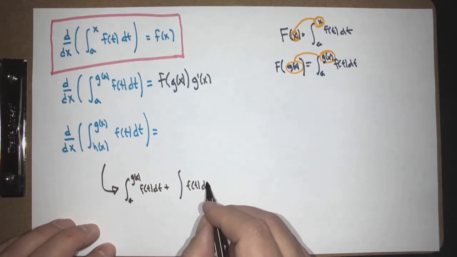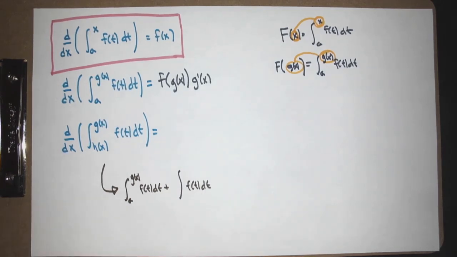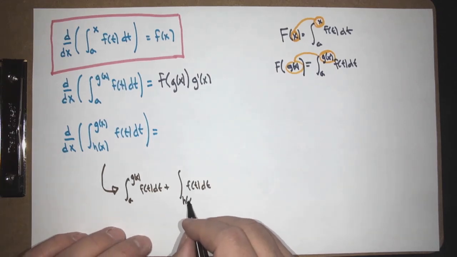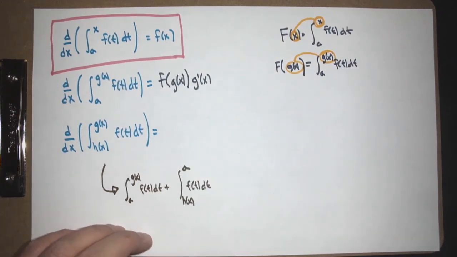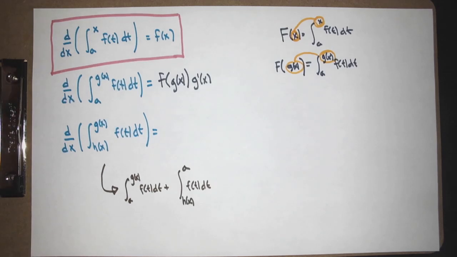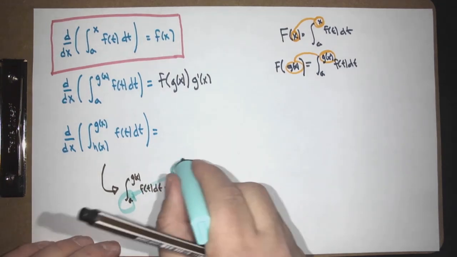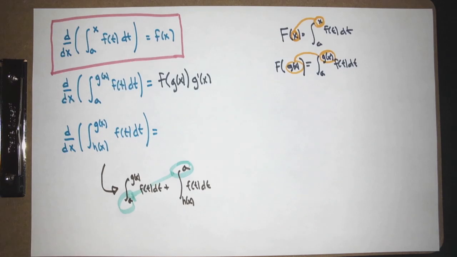Think of your properties of definite integrals. What can I match it with? It matches with h of x up to a, because I'm essentially gluing these at a. So if I go from h of x up to a, and then up to g of x, those match.